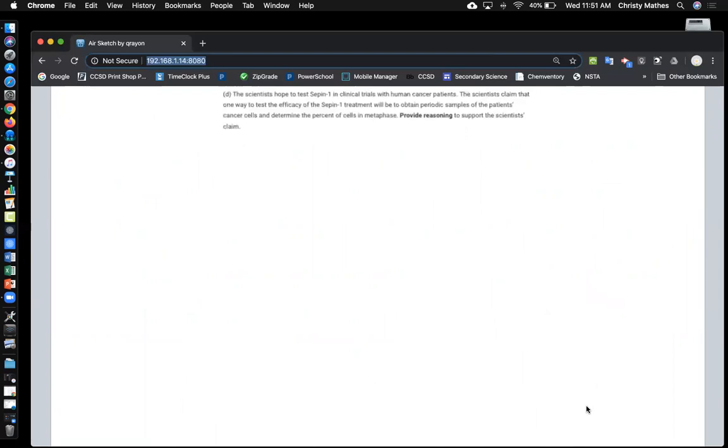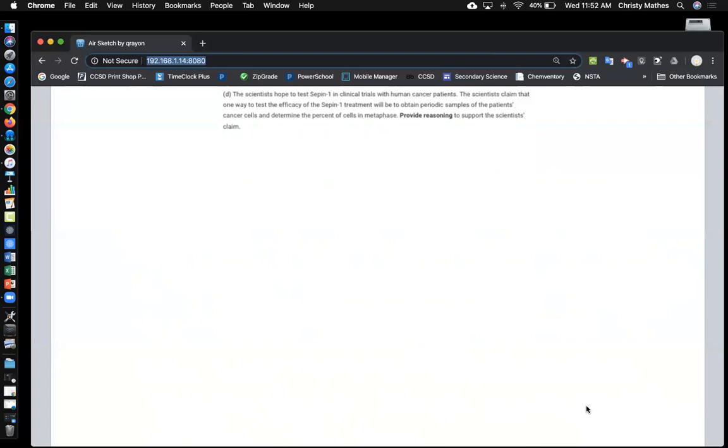So now that brings us to part D. And in part D, this is the big thing where we have to actually justify and say whether or not the experiment has valid results. So in this case, the scientists hope to test SEPin1 in clinical trials with human cancer patients. The scientists claim one way to test the efficacy of the treatment is to obtain periodic samples of the cancer cells and determine the percent of cells in metaphase.